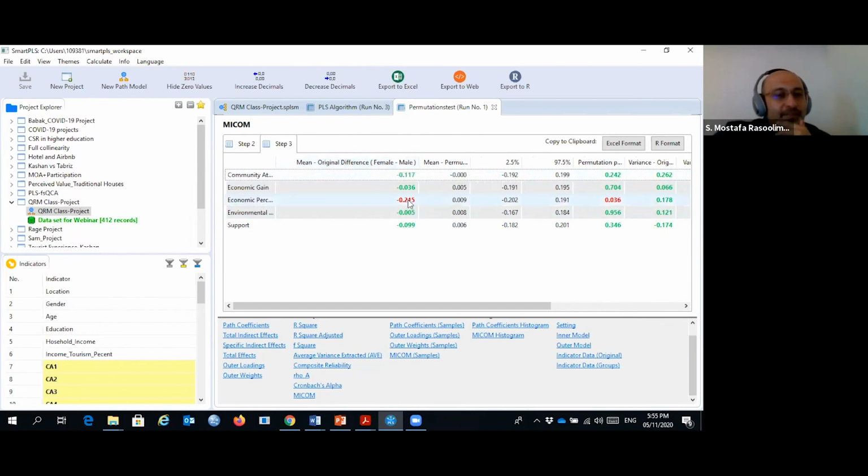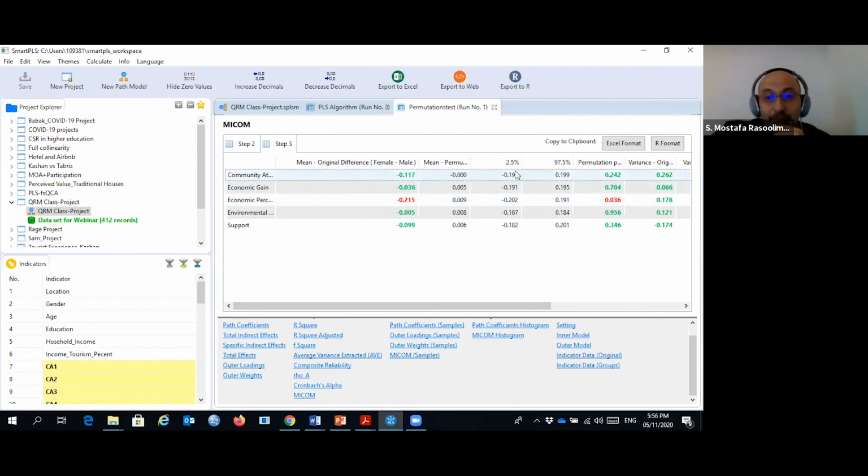So it's negative. Negative means the mean value of female for perception is significantly lower than male. It's red. Red means negative, red means significant.